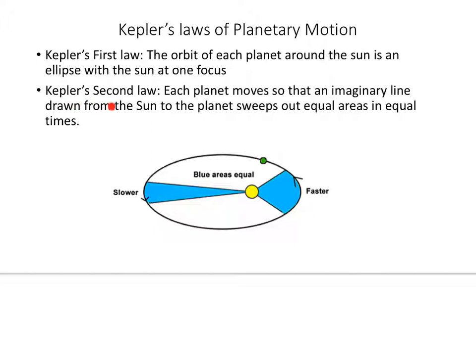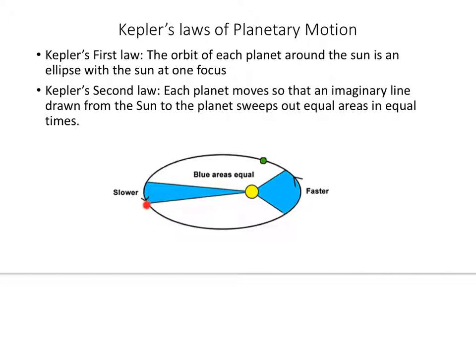Okay, Kepler's second law says that each planet moves so that an imaginary line drawn from the sun to the planet sweeps out equal areas in equal times. Again, looking at this diagram, if the planet is moving around in this path over here, compared to this path over here, because the planet is closer to the sun, it's moving faster.